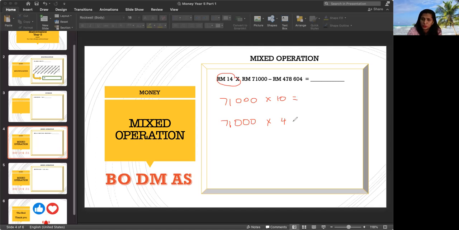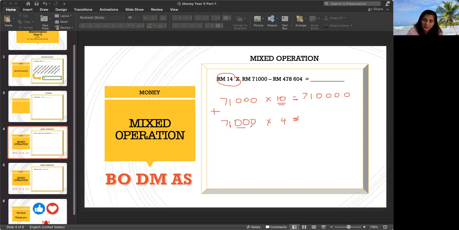I'm sure you know by now when you multiply any number by 10, it becomes 10 times bigger, so you just add a 0 at the back. So you write 7, 1, 0, 0, 0, this is your original question, 71,000, and put another 0 at the back. So now this number reads as 710,000. Add this with whatever answer you're going to get here, which is 71,000 times 4.